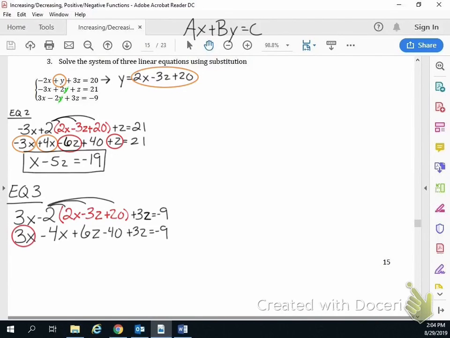So 3x minus 4x is going to give me what? Negative x. 6z plus 3z is 9z. And then if I add 40 to the other side, that's going to give me 31.